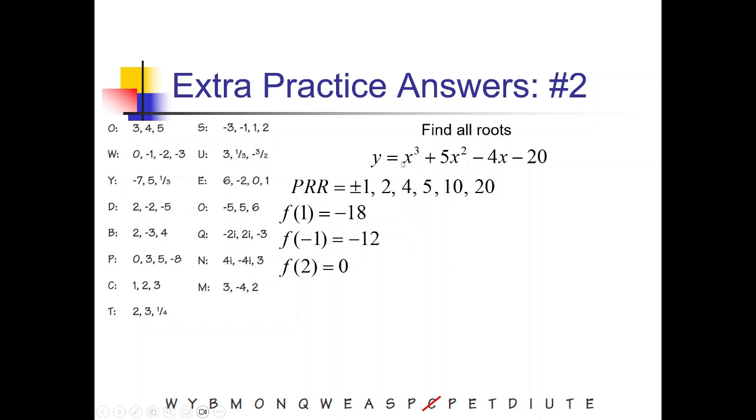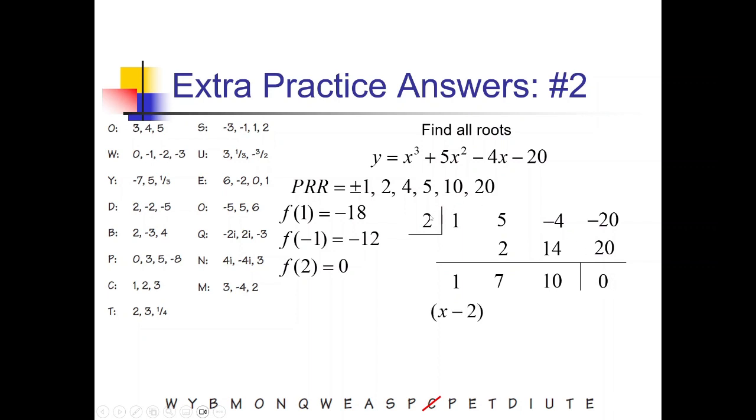So we've got 1 for my first coefficient, and then 5, -4, -20. Box number of 2 this time. Bring down the 1, times 2 is 2, plus 5 is 7, times 2 is 14, plus -4 is 10, times 2 is going to be 20, plus -20 zeros out. So I've got x minus the 2 that I took out initially, and then this is 1x squared plus 7x plus 10.